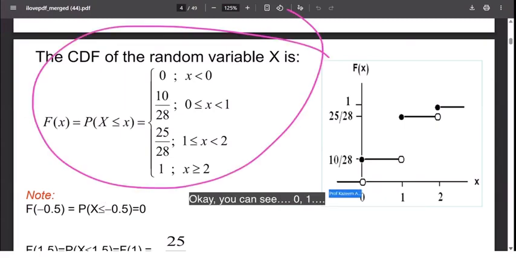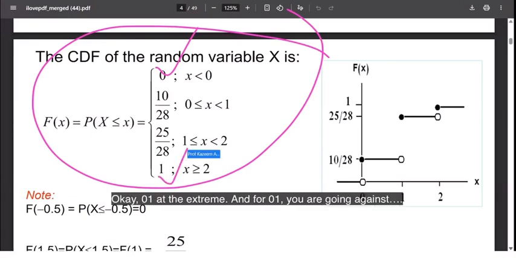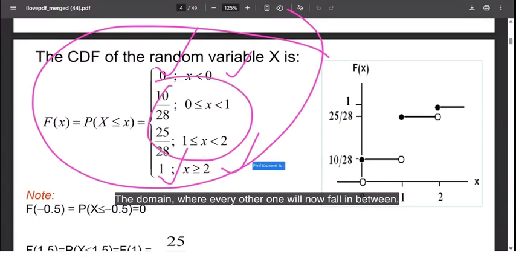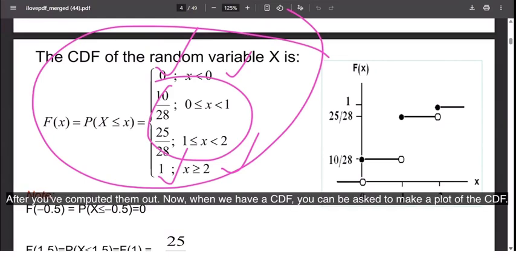Okay, you can see 0, 1 at the extreme. And for 0, 1, you are going against the domain, where every other one will now fall in between. This is the way we want the CDF to be presented after you've computed them out.